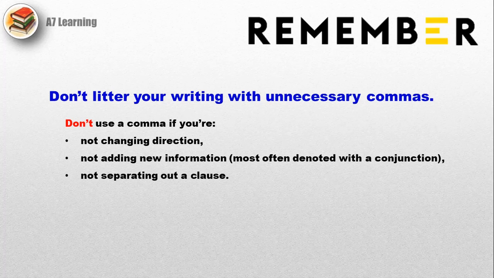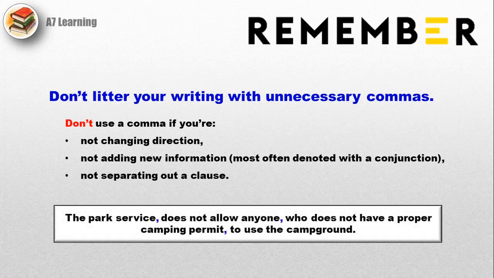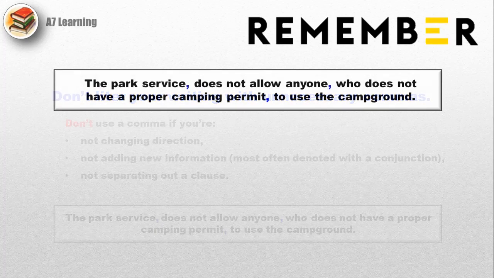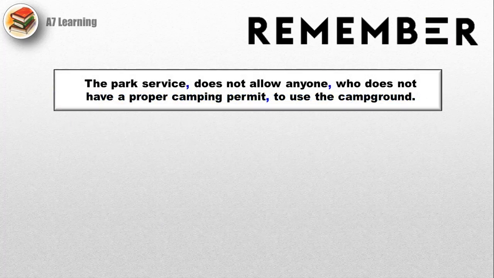And I want to show you this sentence because this is one where at first glance people are like, oh yeah, this is fine. But then when you actually examine this for what this sentence is doing, you start to figure out that, wait, maybe some of these commas can go away. So example: the Park Service, does not allow anyone, who does not have a proper camping permit, to use this campground. How many of those commas do you think are necessary in that sentence?